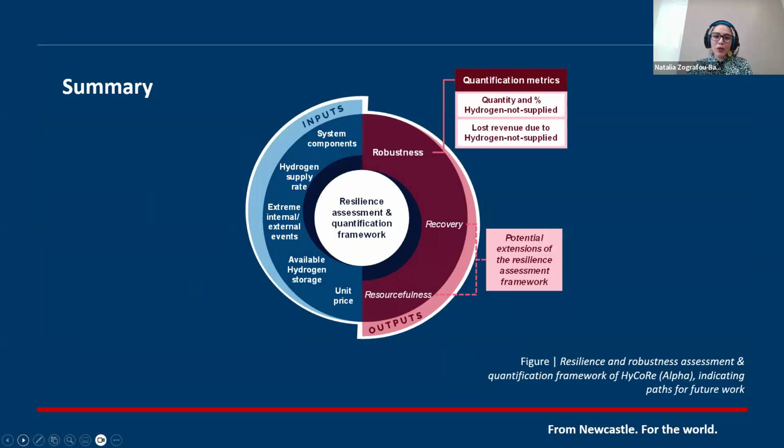And then as outputs, we have shown on the top right, robustness, which was within the scope of this work, but we also introduced recovery and resourcefulness, which are important so that someone can fully represent and assess resilience. Thank you. I will pass on now to Anna.